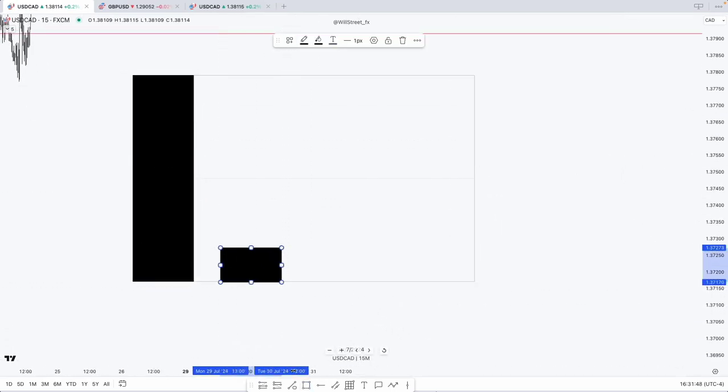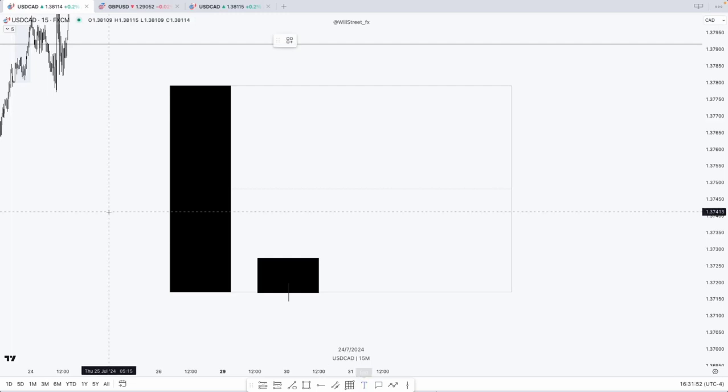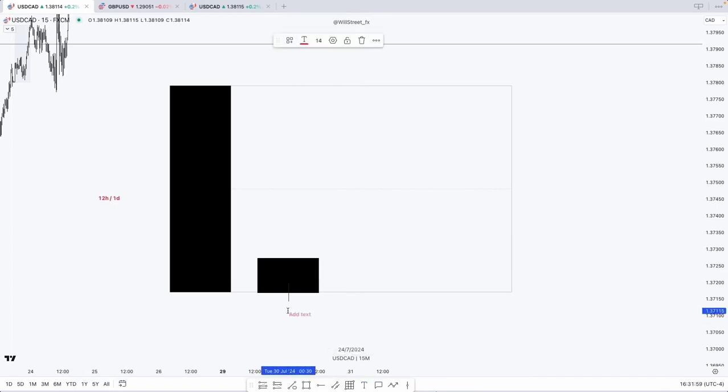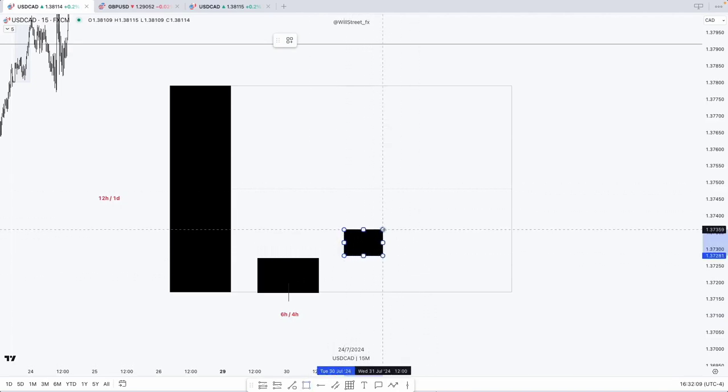This is a turtle soup. Imagine this is a 12-hour or daily candle. That could be, I don't know, 6-hour or 4-hour the turtle soup, and this could be 2 hours or 1 hour candles.